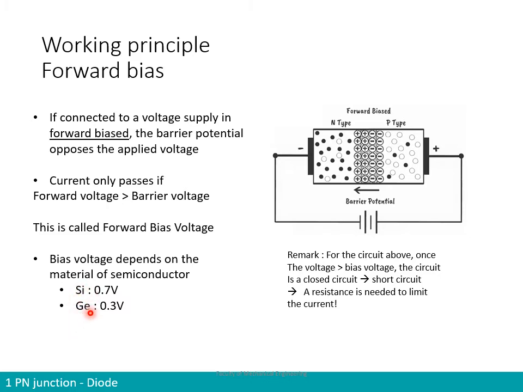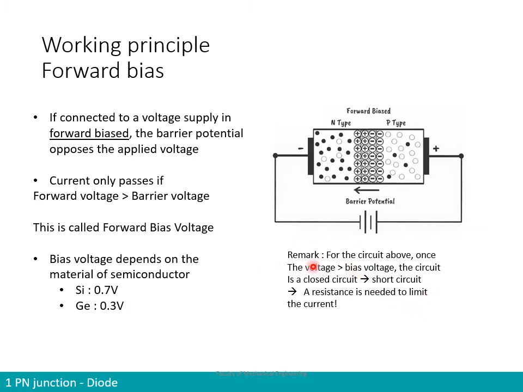If we construct our PN junction using silicium, we will have a bias voltage of 0.7 volts, and if we use germanium, we would have a bias voltage of 0.3 volts, right? So it means that in order to conduct current, the voltage that we're supplying has to be larger than 0.7 or 0.3.